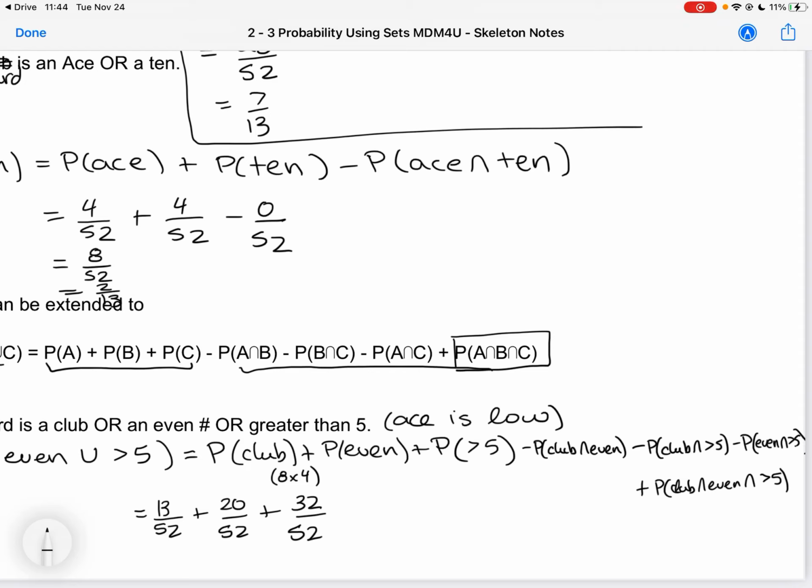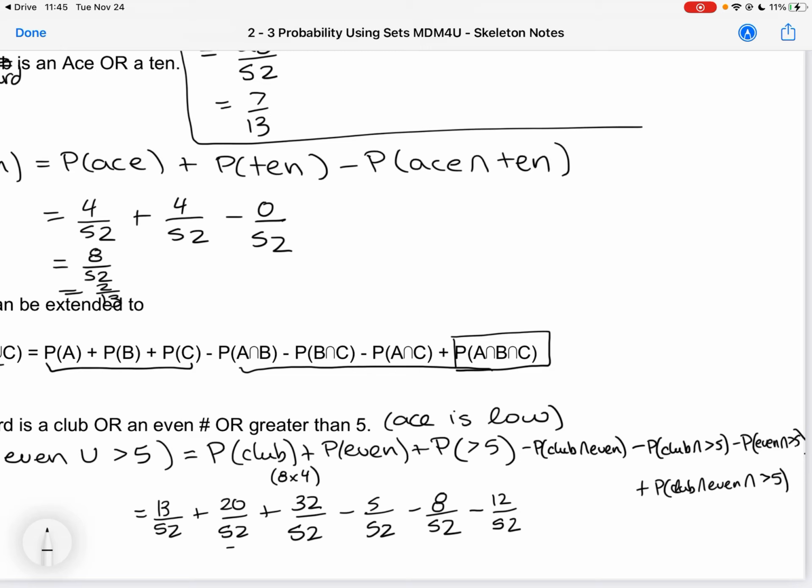Then we're going to take away our intersections. So club and even is 5 cards, as we determined above. Club and greater than 5 is going to be 8 out of 52. So that would be 6 of clubs, 7 of clubs, 8 of clubs, 9 of clubs, 10 of clubs, and then the Jack, Queen, King of clubs. Then we're going to take away the idea that it's even and greater than 5.